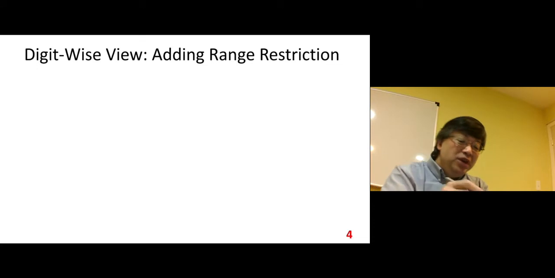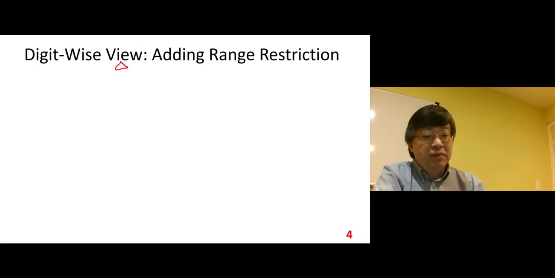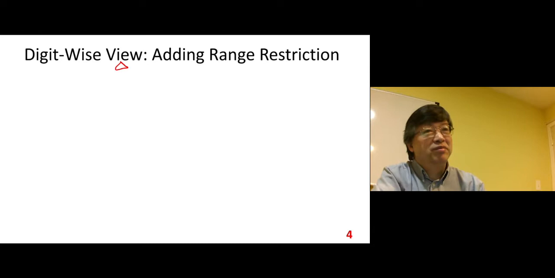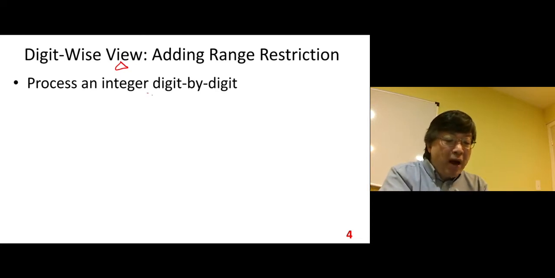Digit-wise view. We need to use a special view here: digit-wise view, adding a range condition. That's an interesting view we can take. Now our view is processing an integer digit by digit.